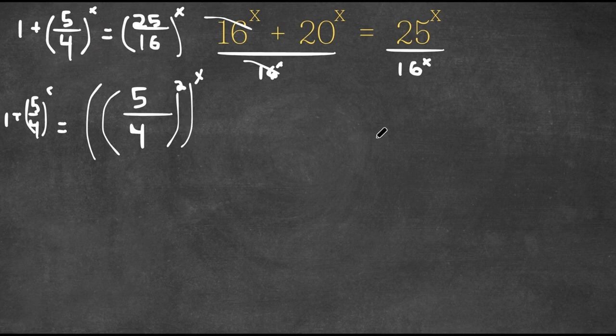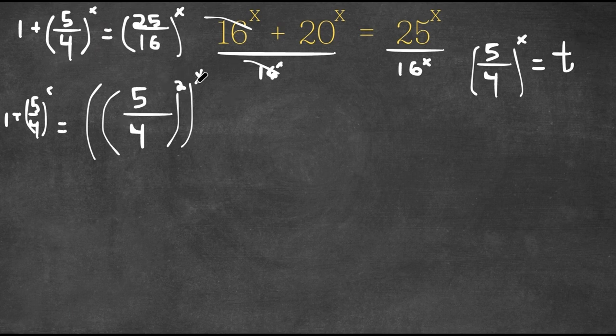So now what we're going to do is I'm going to let 5 over 4 to the power of x equal t. So I'm going to assign it to the variable t.